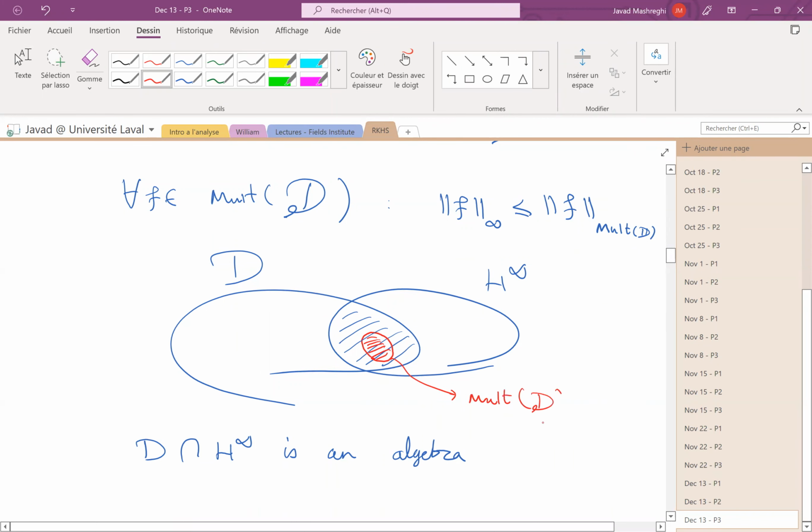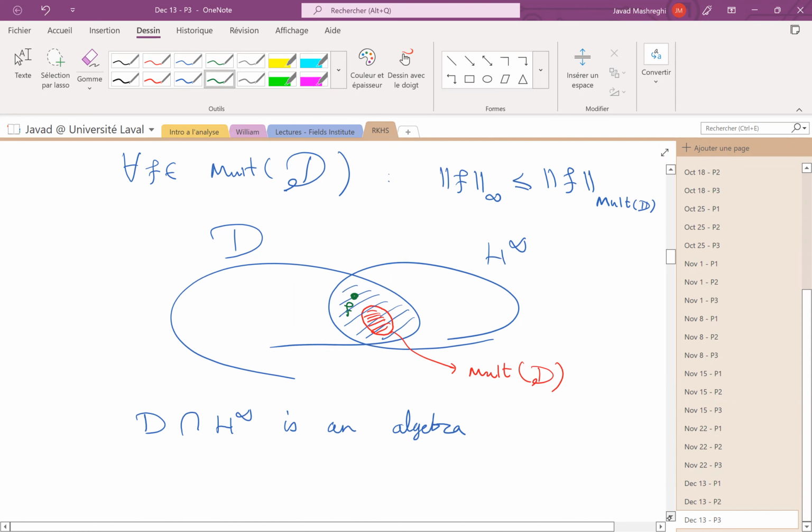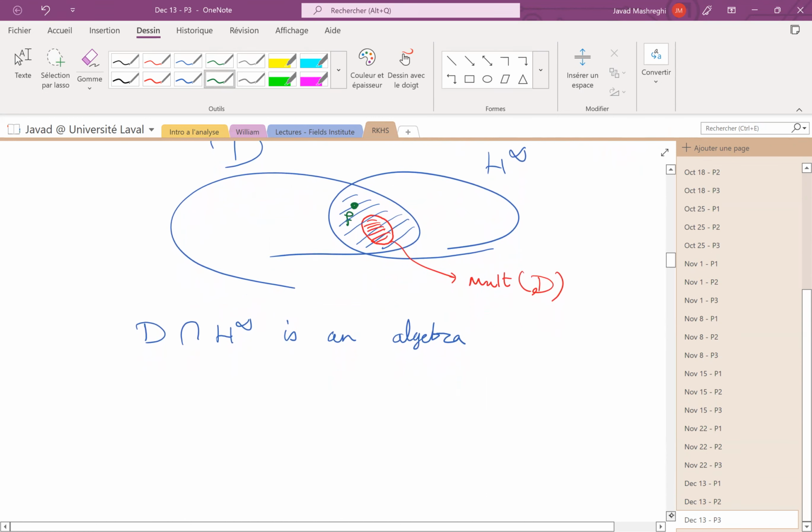So this is Mult D. And to show that this is smaller, I do it in a straightforward way. I give you an element F in the intersection of D and H infinity, but it is not a multiplier. A very, very direct proof.